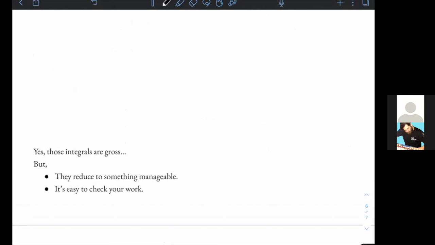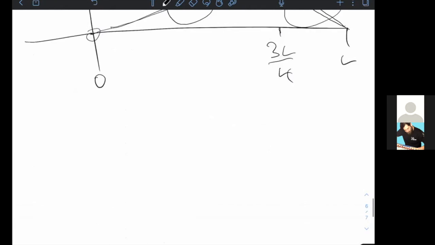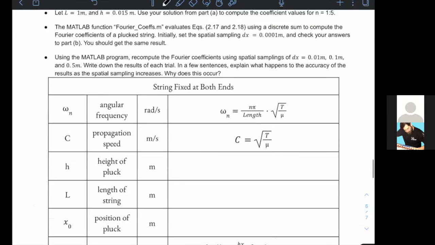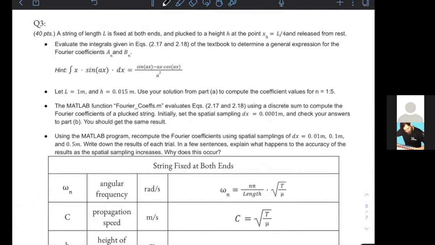I saw that today in class too. And number two, it's easy to check your work. Let's see if I put the whole problem statement in here. Yeah, this is the third part: the MATLAB function Fourier_coefs.m evaluates equations 2.17 and 2.18 using a discrete sum to compute the Fourier components of a plucked string.